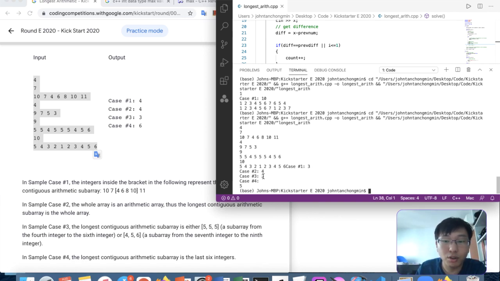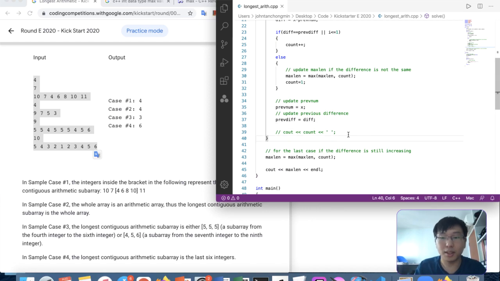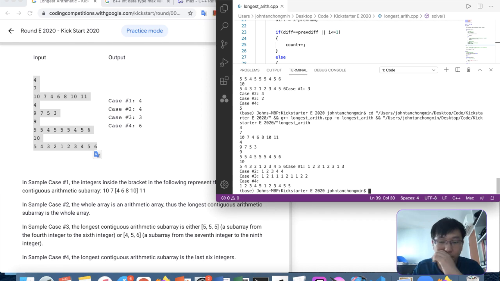So now I got 3, 4, 2, 5. So it looks like I failed in this test case again. I must be missing something. Let's try to do this again. Okay, so the first case is 3. So let's see. This is 1, this is 2, this is 3. Okay, that sounds good so far. Then here's 1, 2, 3, 1.